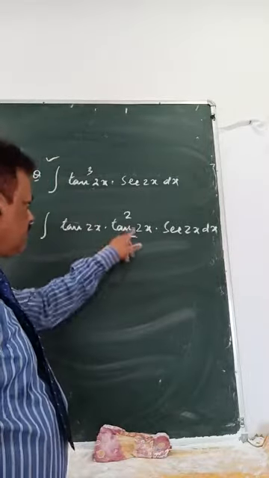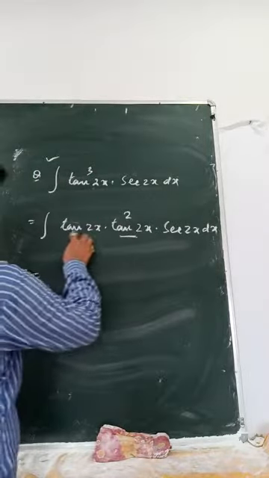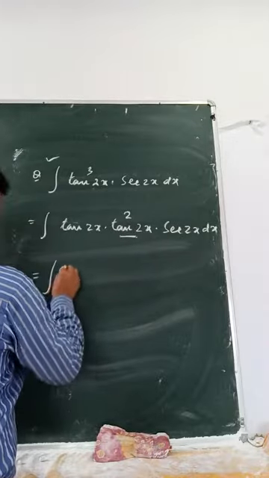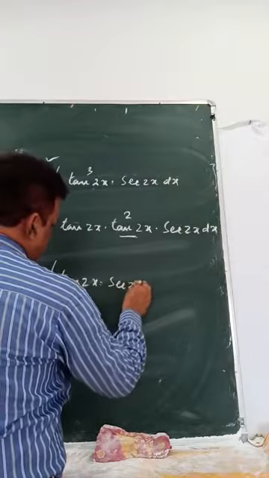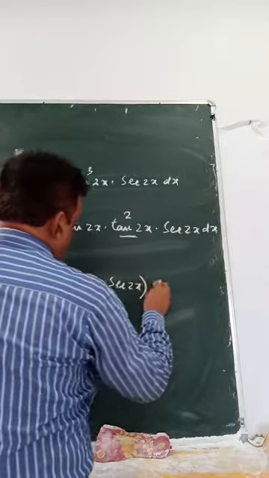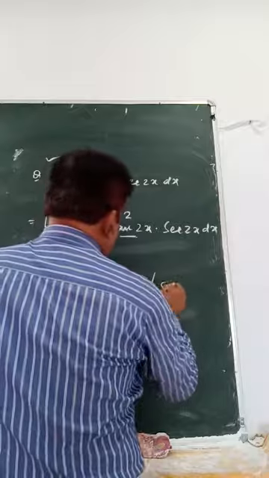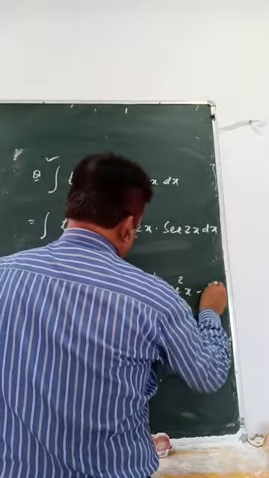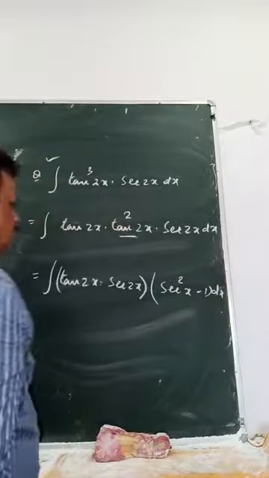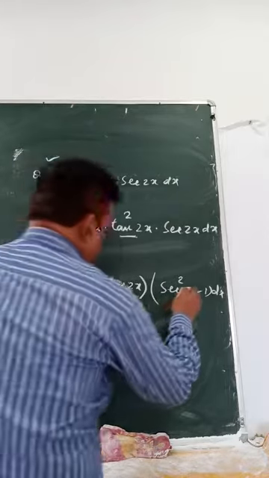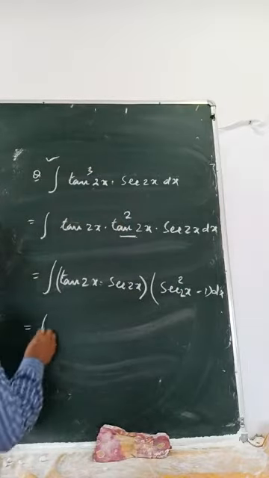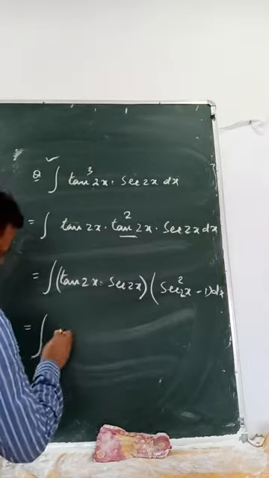So what formula will I use here? Let me write these two together. Tan 2x sec 2x, this one sec square 2x minus 1. Okay. See, if I multiply, let me keep this one same.